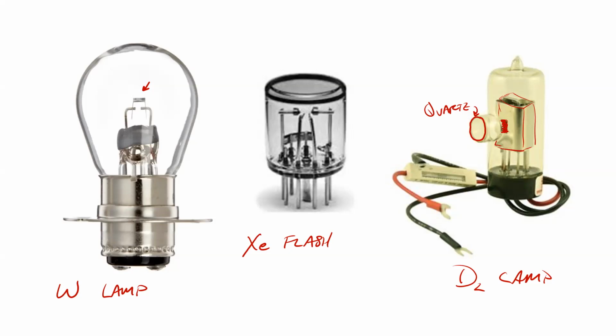In this particular one, you can see here this sort of joint. And so this top piece is the quartz, right? And then the rest of it's glass. It's a smaller package than the deuterium lamp, even though I've kind of made them all the same size. That quartz window is about the same size as the quartz window on the deuterium lamp, right?